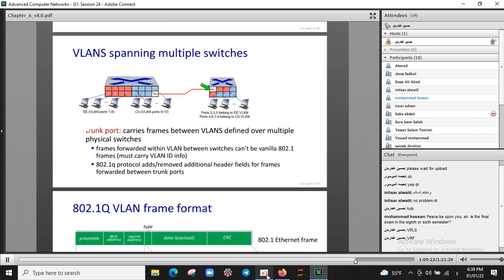So the trunk port is a path, a bridge to connect two different physical switches together. So I can extend a VLAN over that trunk port into another physical switch.